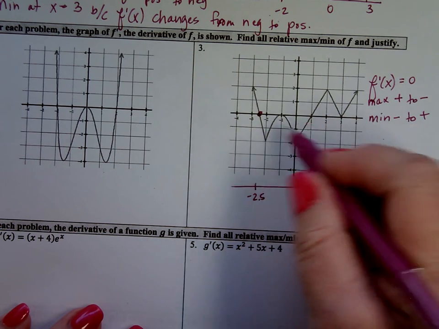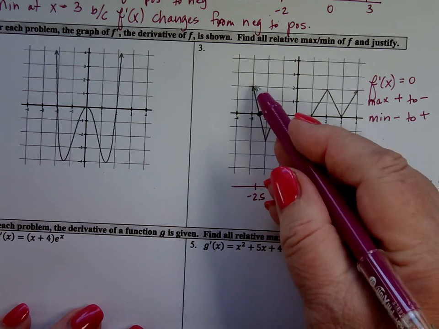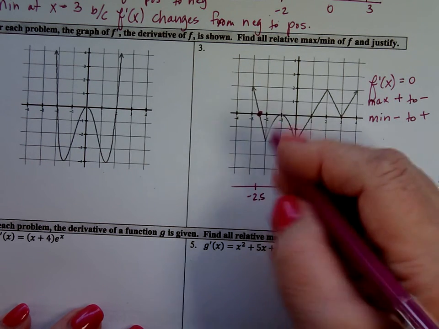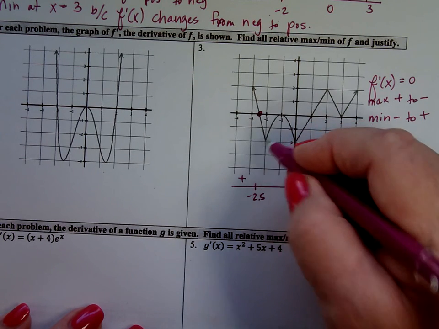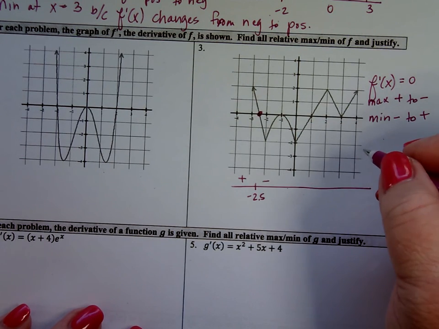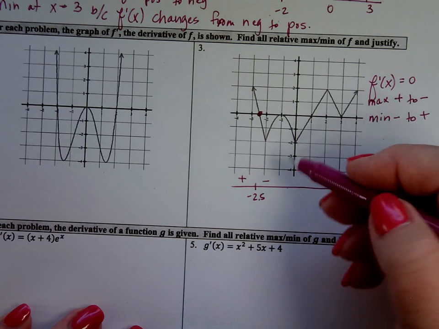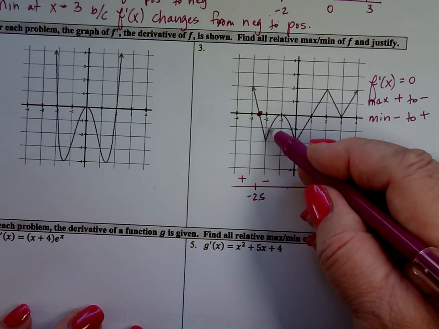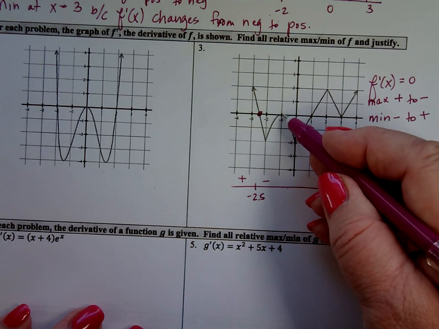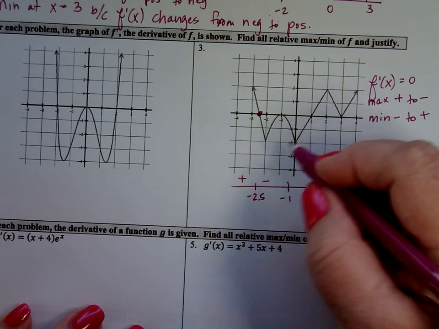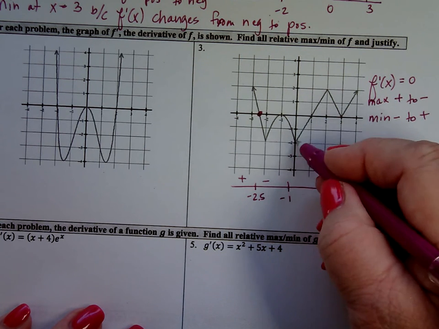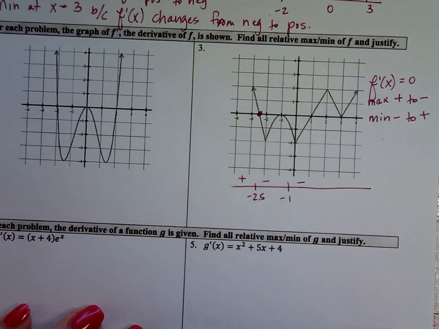It is positive first derivative because it's above the x-axis, and then it goes to a negative first derivative because it goes below the x-axis. Now it's below the x-axis. I could put -1 on my chart if I wanted to, but it's still below the x-axis on the other side of it, so it would be a negative situation.